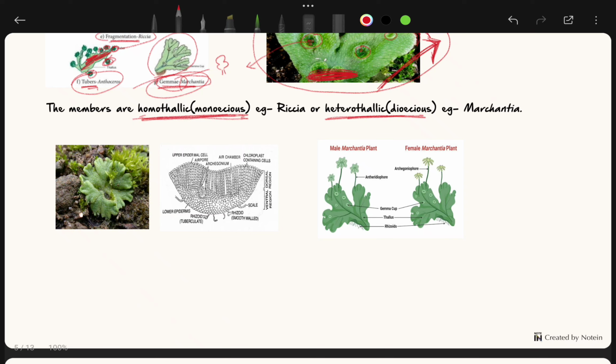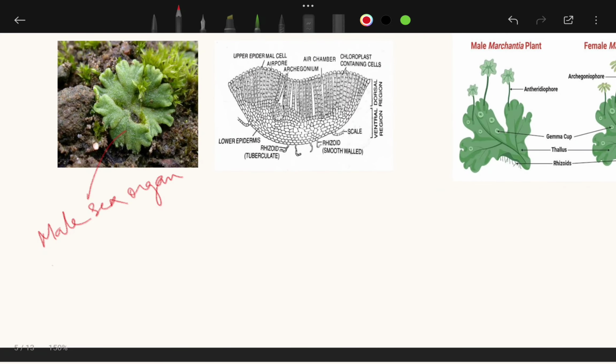Monoecious means that the plant body will have both the sex organs, male sex organ and female sex organ as well, embedded in the plant body.